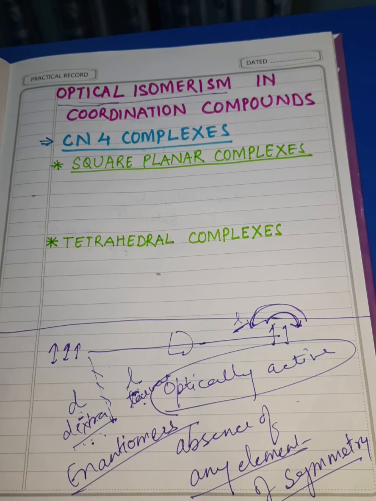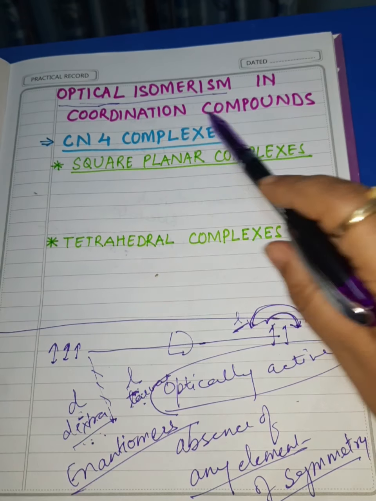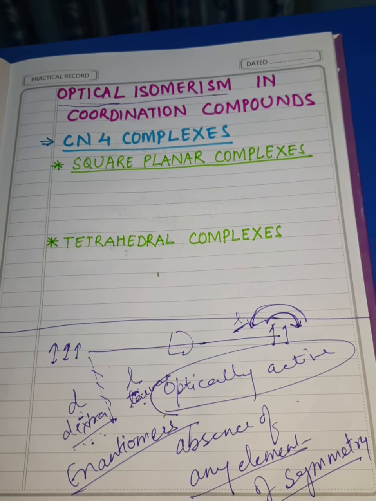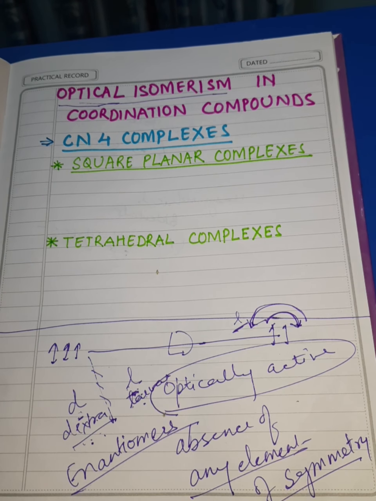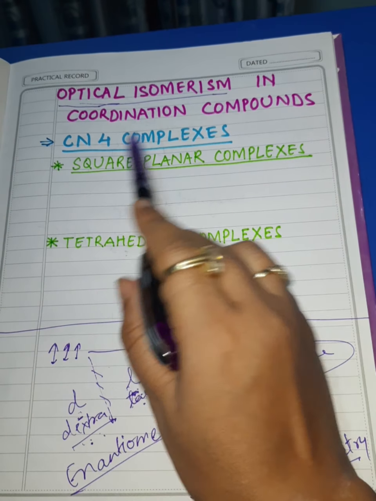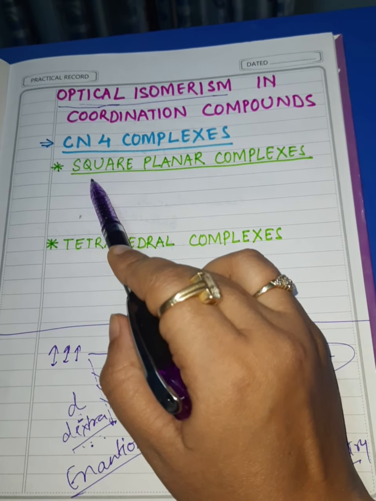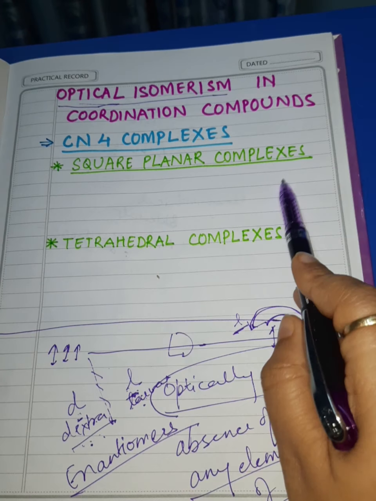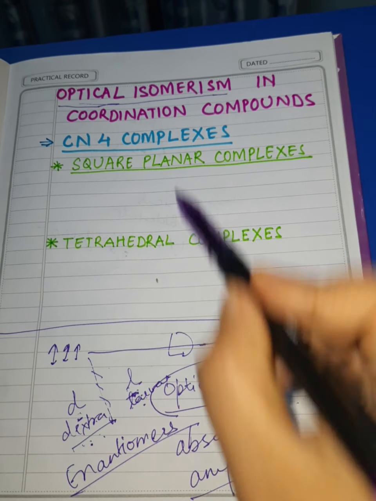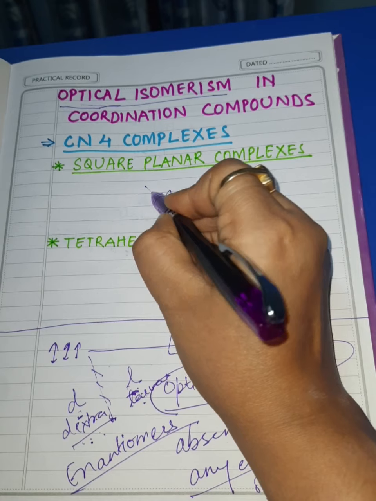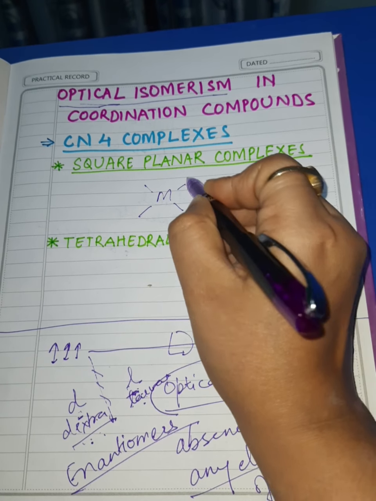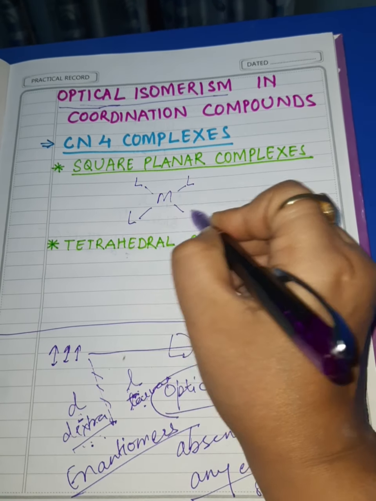Dear students, we'll study optical isomerism in two kinds of complexes. One is coordination number 4 complexes, and the next one is coordination number 6 complexes. CN4 complexes can be of two types: square planar complexes and tetrahedral complexes. In a square planar complex, the metal and the ligands lie in the same plane.